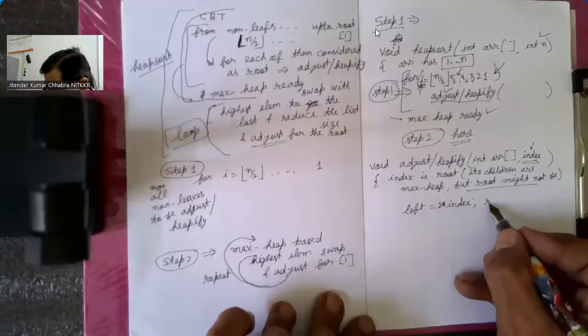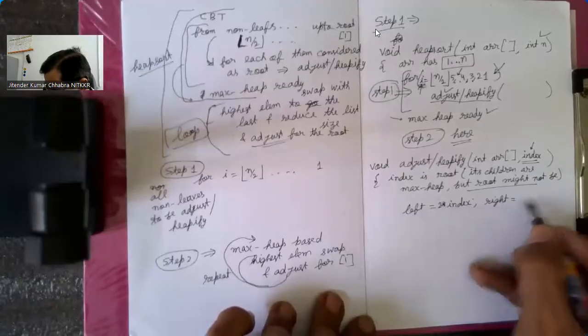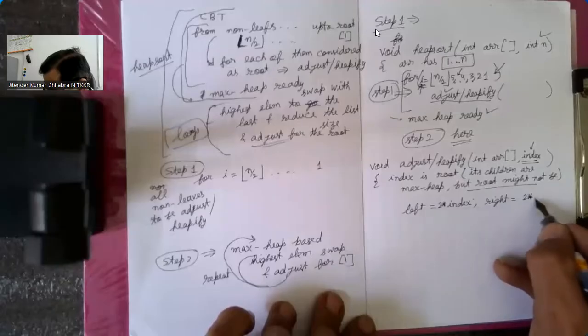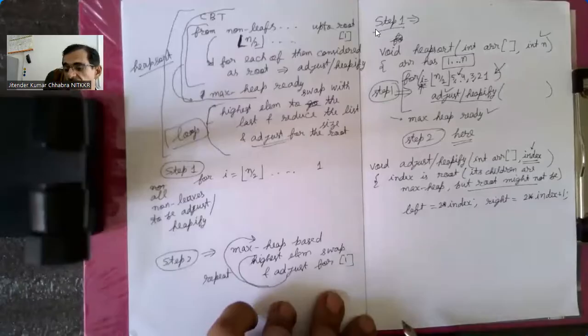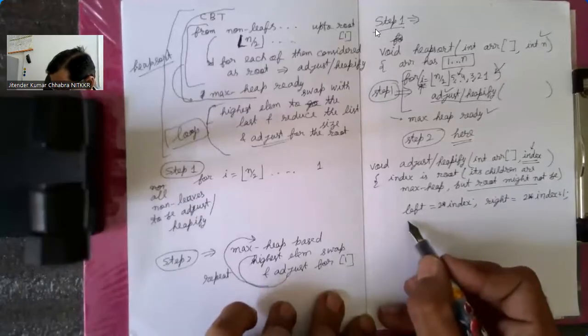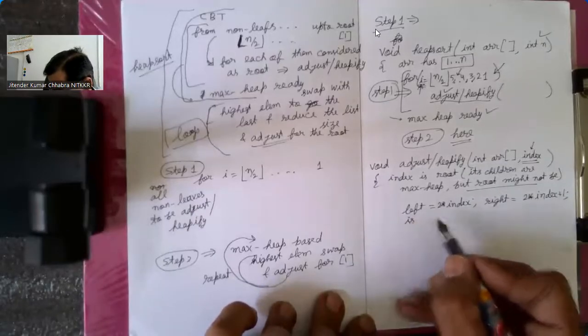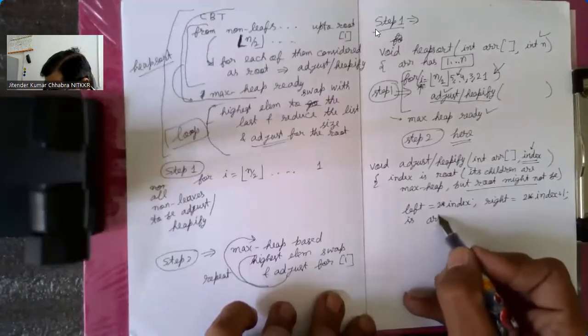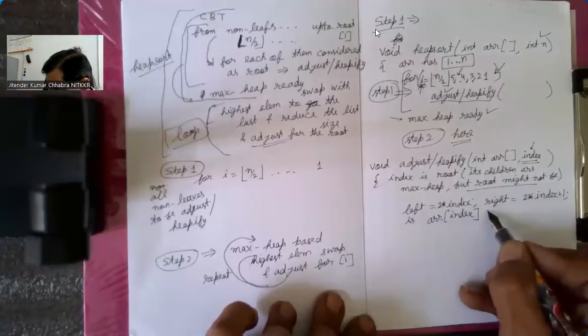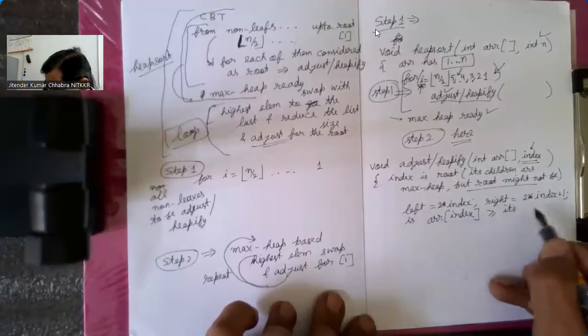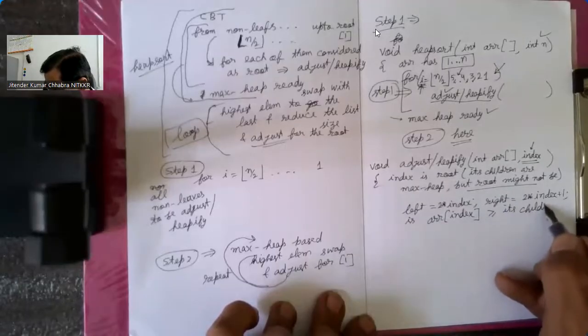The right child will be at 2 star index plus 1. Now effectively, I have to check whether the array root, the array at index, is greater than or equal to its children's values or not. That step you have to write.